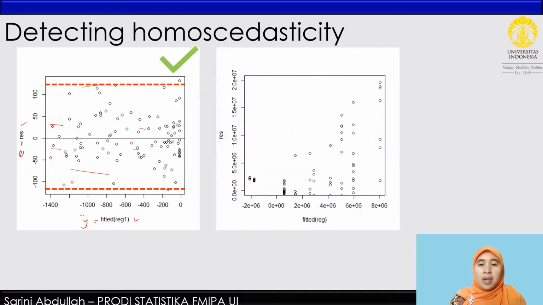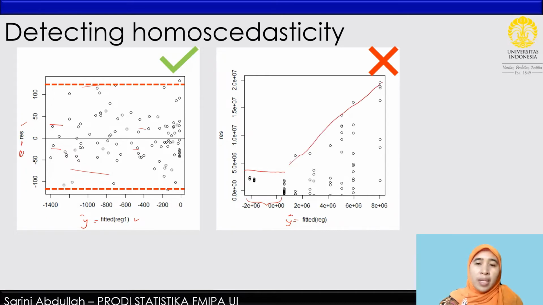While the one that we have in here is not okay for us. It shows there is a heteroscedasticity, which means that the variance of the residual is not constant. Why does this one indicate non-constant variance? Because for small values of the fitted y, or the y cap here, the residuals are relatively small, but then it's getting bigger and bigger.